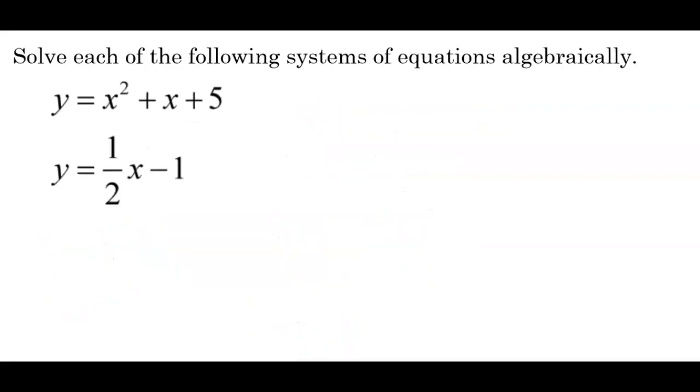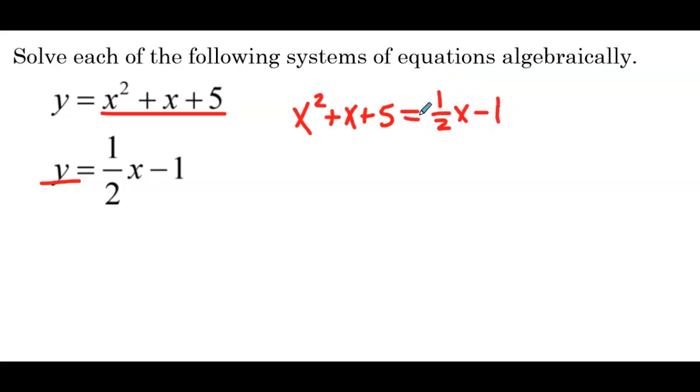Perfect. Next up, we have y equals x squared plus x plus 5 and y equals 1/2 x minus 1. Again, let's substitute x squared plus x plus 5 in for y in the second equation. I think that was a little bit easier. So we have x squared plus x plus 5 equals 1/2 x minus 1.